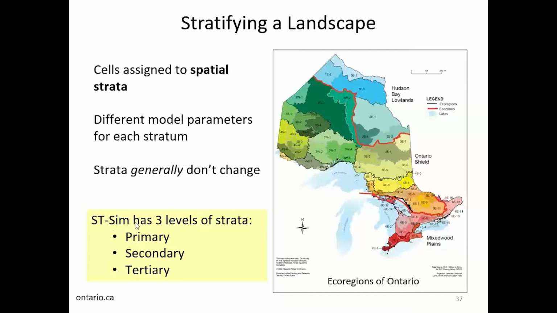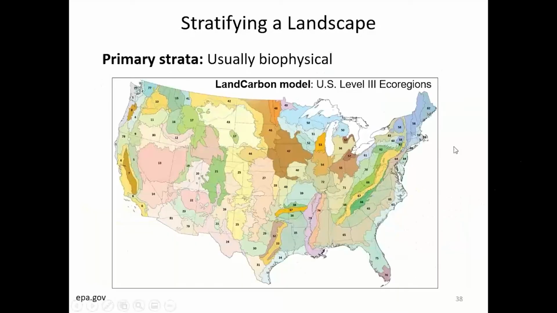So STSIM currently supports 3 levels of strata, called primary, secondary, and tertiary. So the reason for having 3 is typically you want to subdivide your landscape according to different dimensions, depending on what you plan to vary over those strata. So the primary strata is usually a biophysical stratification of your landscape.